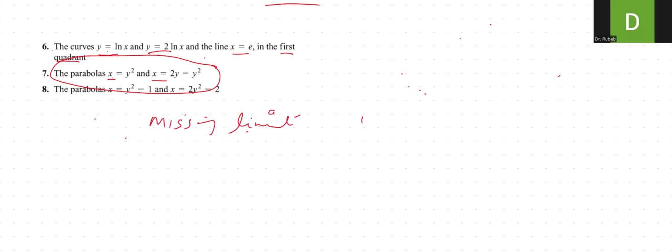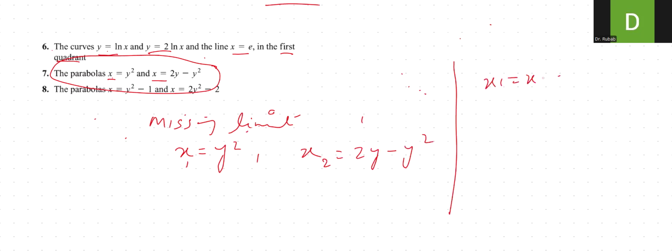If x1 is given as y square and x2 is given as 2y minus y square, I will compare them, right? x1 is equal to x2, so y square is 2y minus y square.